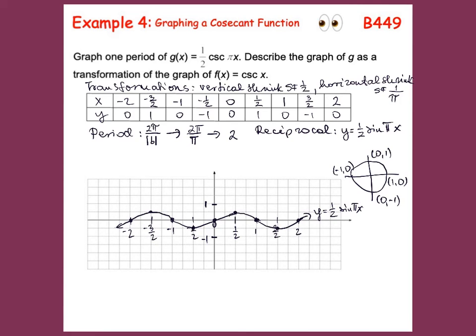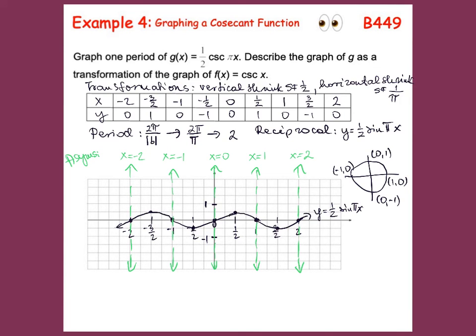Now we are going to graph our asymptotes, which are going to cross the x-axis where sine is 0. So I'm going to make all my asymptotes, and then we are going to label them. So our asymptotes are going to be x equals -2, x equals -1, x equals 0, x equals 1, and x equals 2.